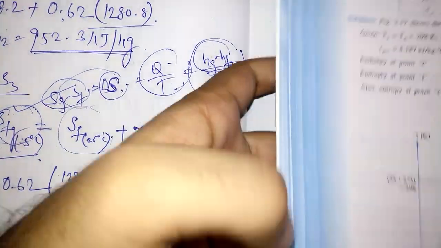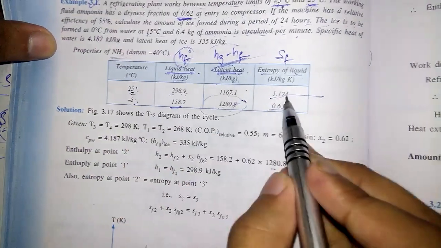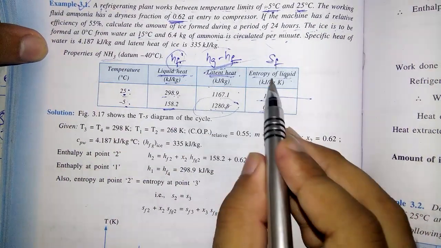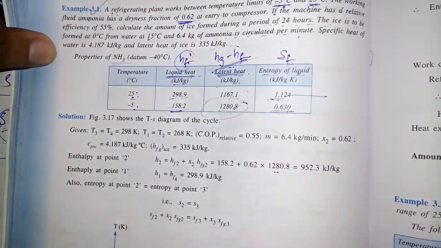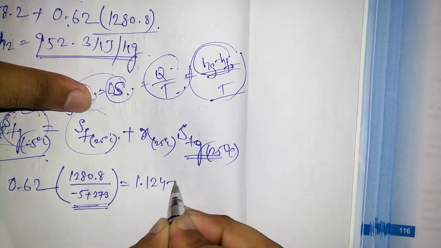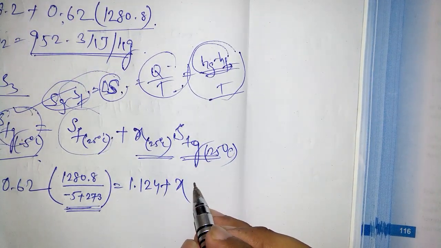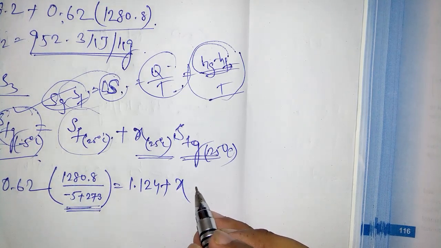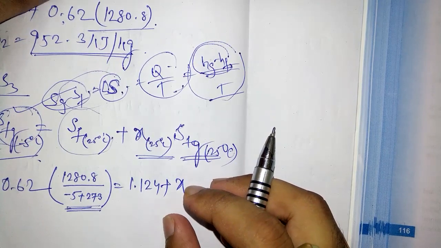Sf is the entropy of liquid, F denotes liquid, so it is 1.124 plus x, where I need to find the dryness fraction at 25 degrees Celsius.